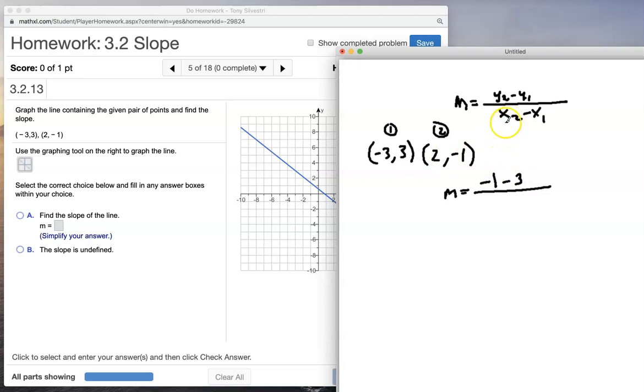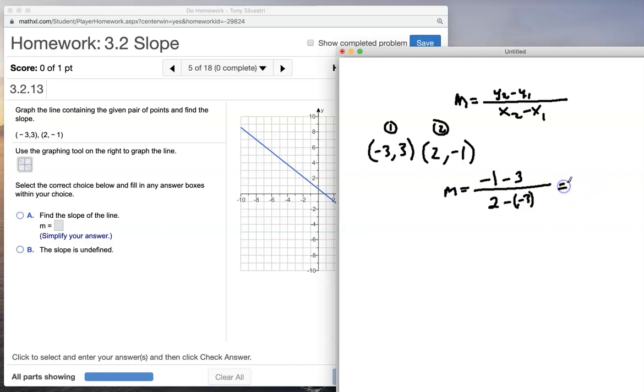Divided by x2, the x value of point 2 is 2, minus x1, the x value of point 1 is -3. Now this -3 has nothing to do with this minus. Just understand that it's -3 that's being subtracted. So when I go ahead and do this, I get -4 up top.